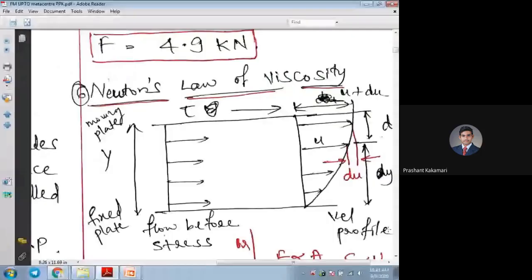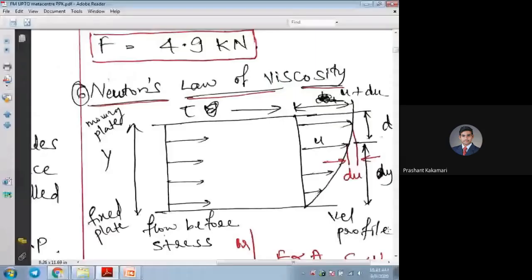So force applied per unit area, and the velocity gradient or the change in velocity is also proportional to force. As you apply high force, there will be high flow rate or high movement of the liquids, and if you apply less force, it will be less.